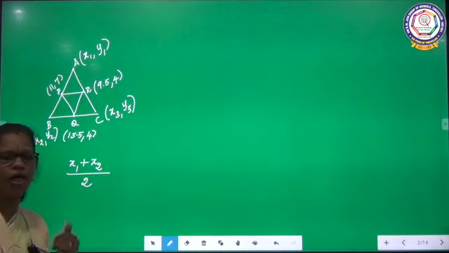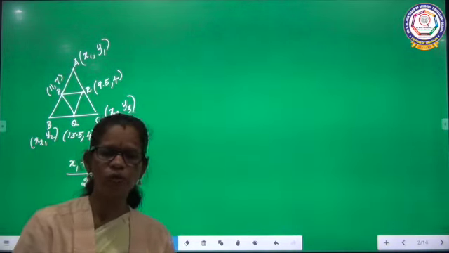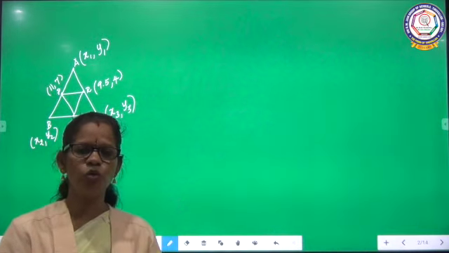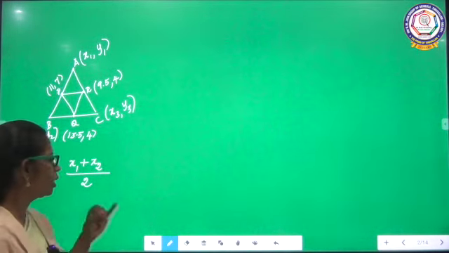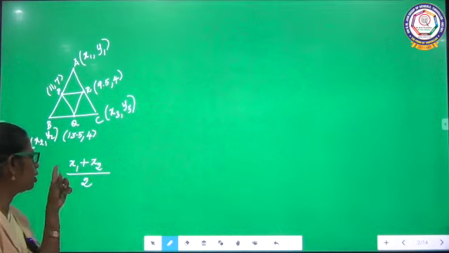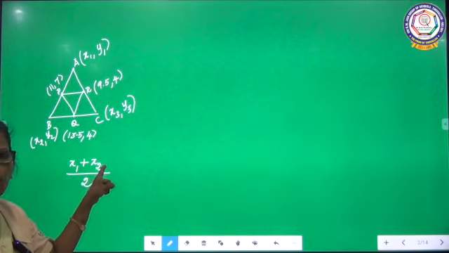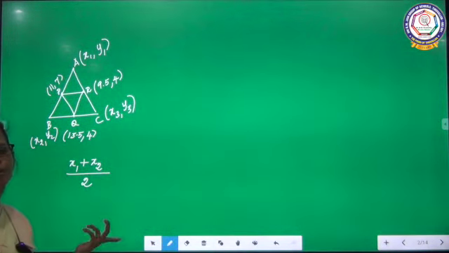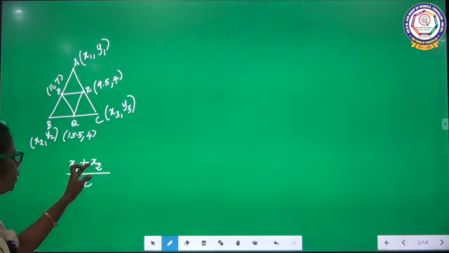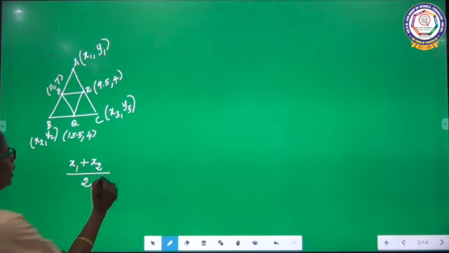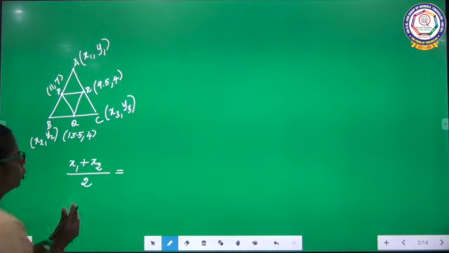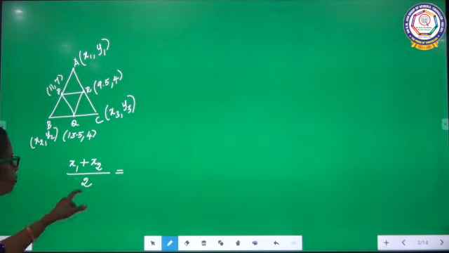The section formula you have to recall: m into x1 plus n into x2 divided by m plus n. Here m is 1, n is 1. So 1 into x1, x1, 1 into x2, x2, 1 plus 1 is 2. That's it. (x1 plus x2) by 2 equals, you are relating with the abscissa.